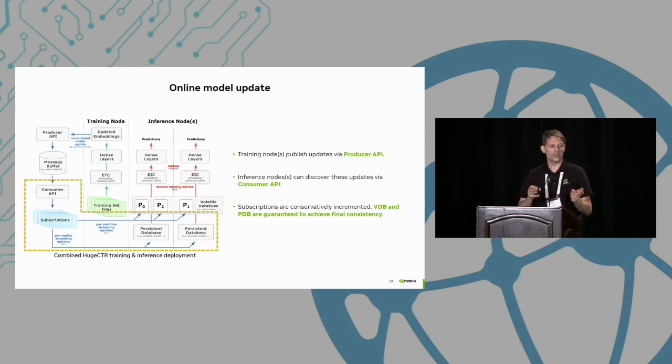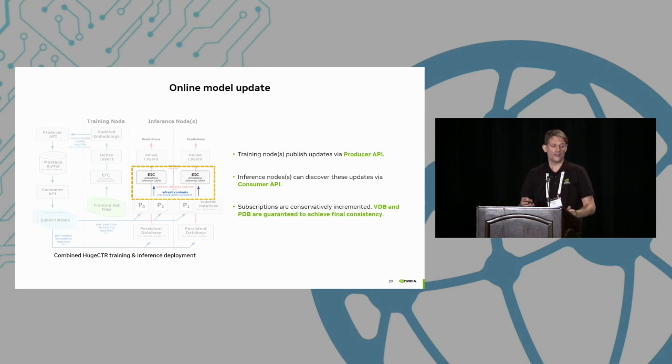If a VDB is shared, like in this example by multiple inference nodes, the update workload is also split among them. So there's no double work happening here. As updates are processed, the Kafka subscription status is of course conservatively incremented, and so with this approach, we can guarantee eventual consistency.